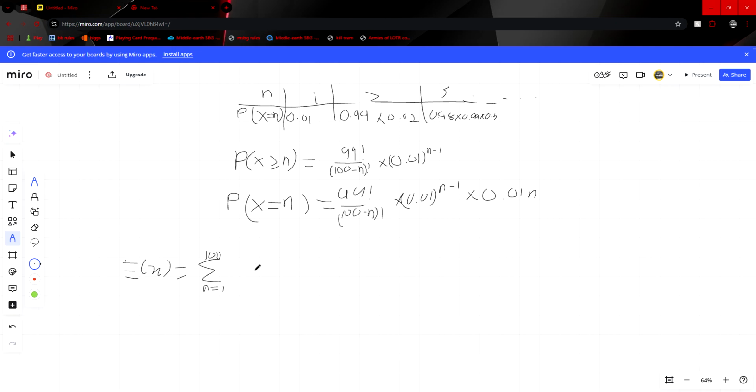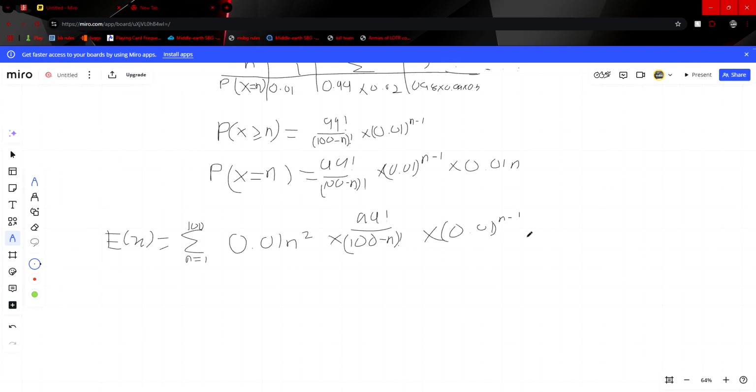So we're looking at X equals n, not X greater than or equal to n, so 0.01n squared, because we're timesing by n, and that's just an n before, times 99 factorial over (100 minus n) factorial times 0.01 to the n minus 1.